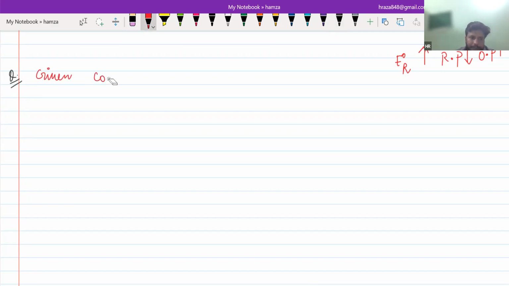Given Co3+ plus electron will give you Co2+, and it has a value E naught equal to plus 1.81 volt.